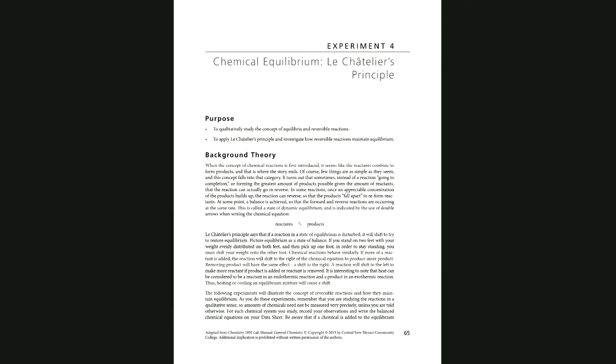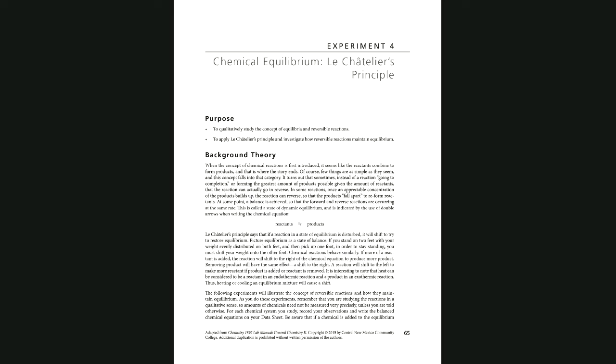Let's talk a little bit about the theory, what the experiment is, just enough to make sense out of what we are doing. The experiment is Le Chatelier's principle, or chemical equilibrium. Based on Le Chatelier's principle, your reaction, first of all, must be at equilibrium. How do we know the reaction is at equilibrium?